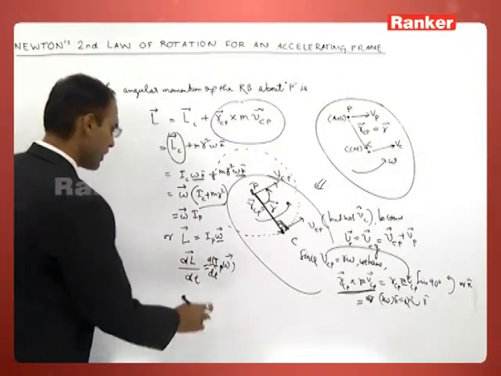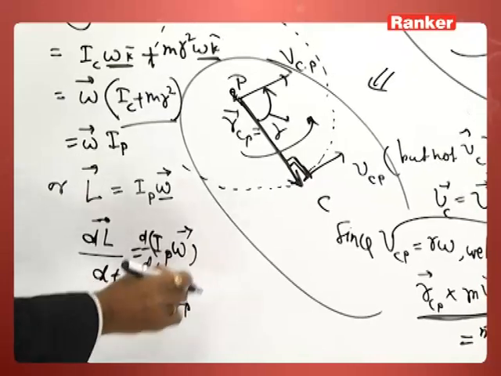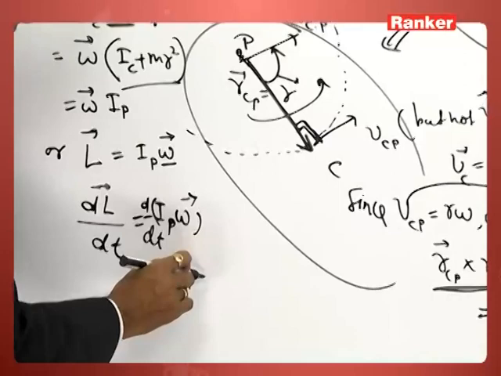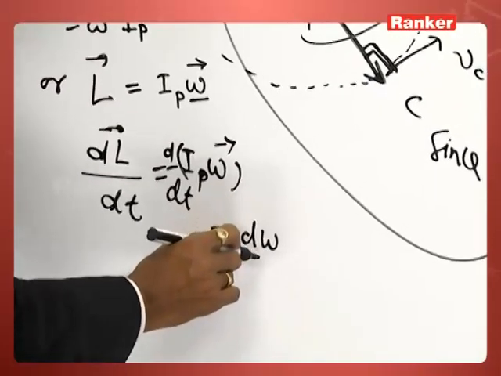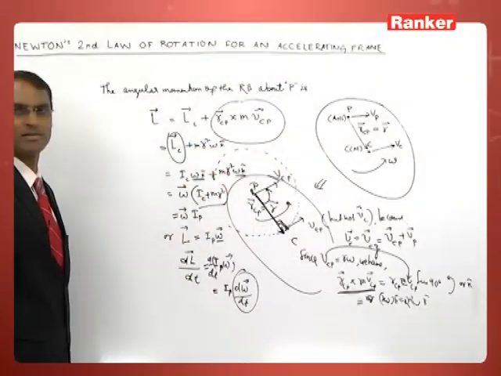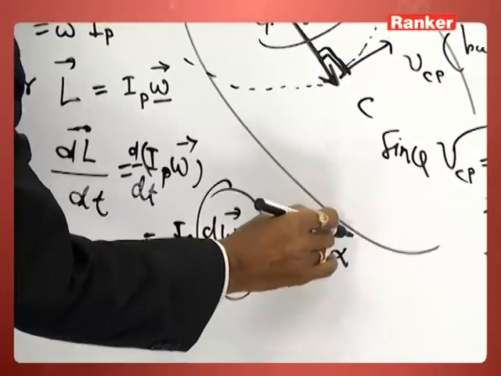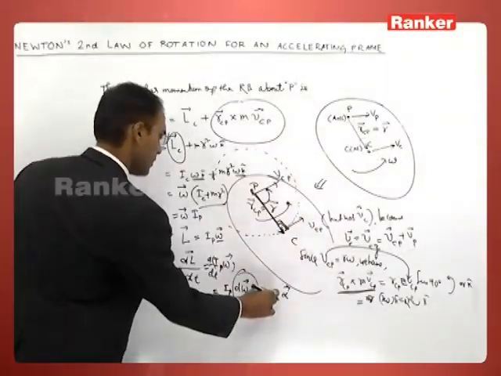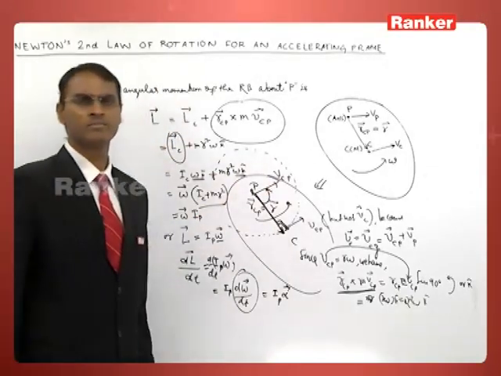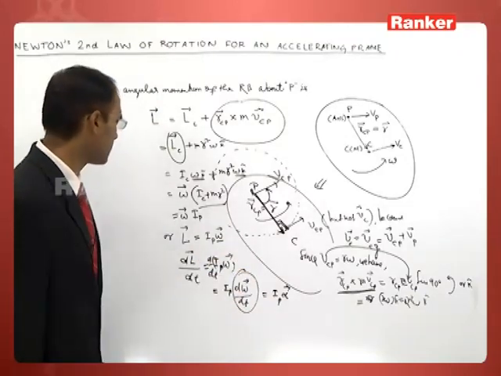Since IP is a constant quantity for this arrangement, take it out of the derivative. That will give us IP into d omega by dt. d omega by dt is alpha, the angular acceleration of the rigid body, which is equal to rate of change of angular velocity of the rigid body.